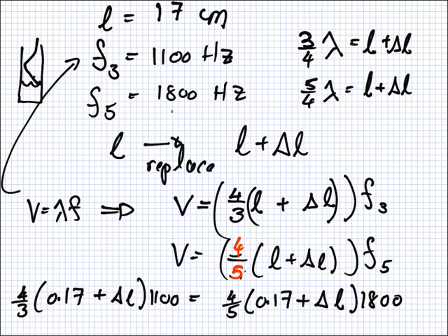I made a bad choice of my 17 here, because this makes V 0, which of course it's not. That's what I get for making up my own number. The problem is I used the same length as before, but the frequencies are quite different, so I shouldn't have done that. What did you get for delta L? Then the L was minus 0.17.